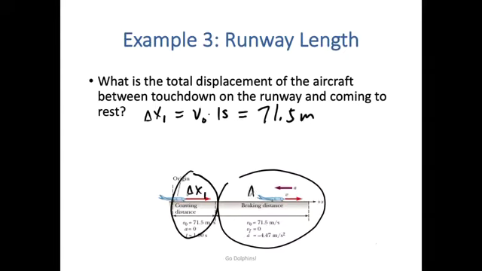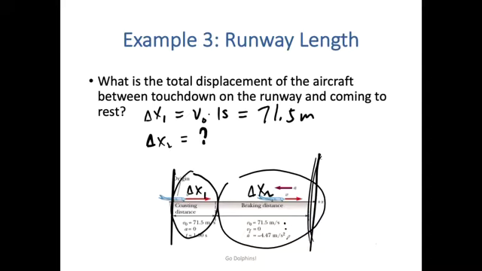Now we're looking for delta x2. So the total displacement here should be just delta x1 plus delta x2. How to find out delta x2? It is a constant acceleration motion. And we checked that we now have 3 quantities: initial velocity, final velocity, and acceleration. We're going to find the displacement.